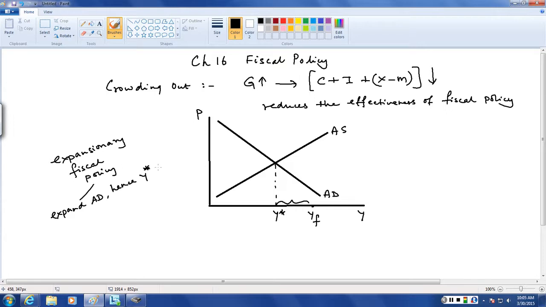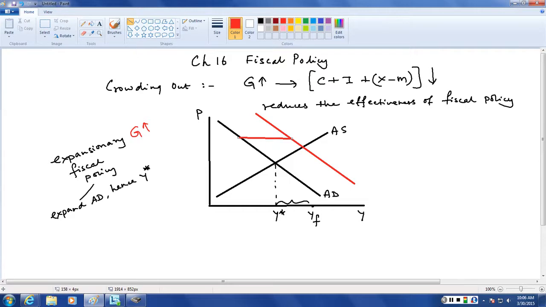So let's say the government pursues expansionary fiscal policy and raises its spending. Now, this, as we've learned, is going to cause the AD curve to shift rightward like this. According to the theory that we learned in Chapter 14, the aggregate expenditure multiplier, this horizontal shift rightwards is going to be many times the increase in government spending.